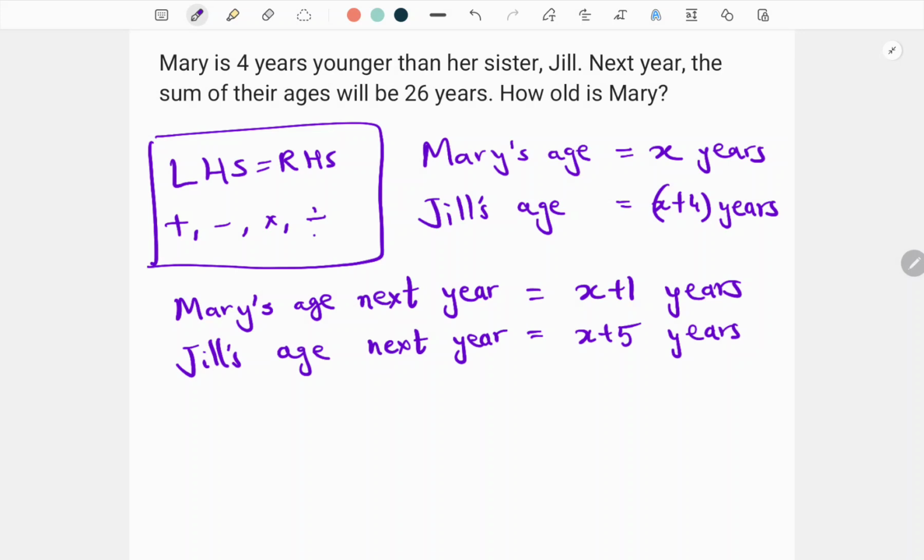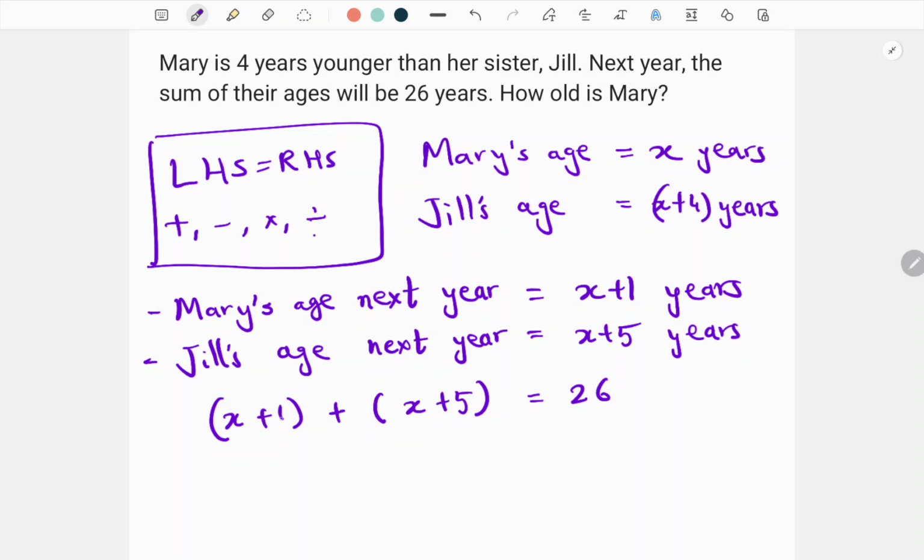And here is the additional piece of information: next year the sum of their ages, Mary's age plus Jill's age, will be 26 years. So Mary's age next year, which is x plus 1, plus Jill's age next year, which is x plus 5, is equal to 26 years.